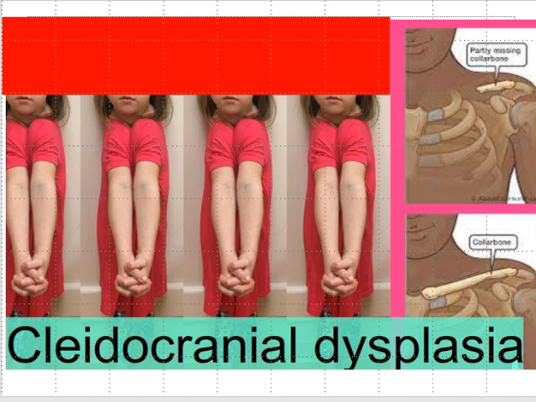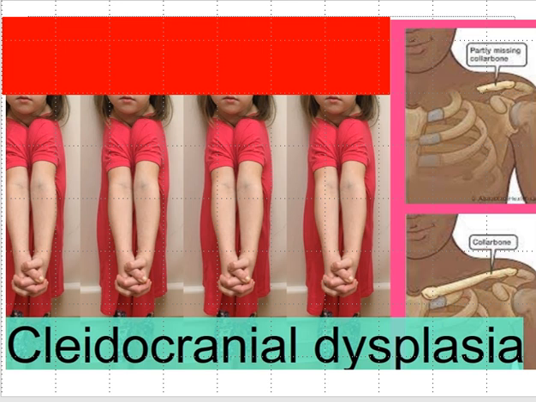Now clinical anatomy related to the clavicle. Cleidocranial dysostosis or dysplasia affects mostly bones derived from intramembranous ossification, such as the cranium and the clavicle.